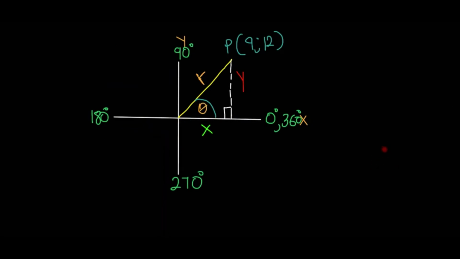And then another thing to remember is that we use the soccer tour to define our trig ratios. Here we have sine because it starts with S. This means sin theta is equal to opposite over hypotenuse.